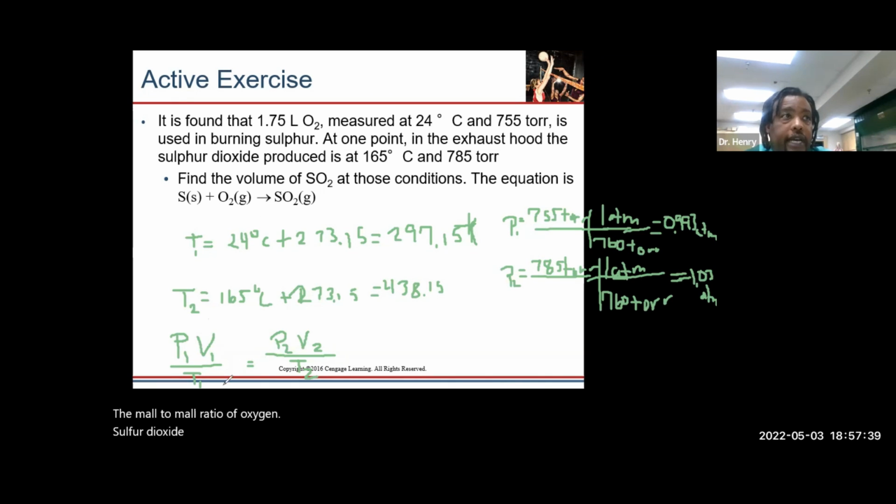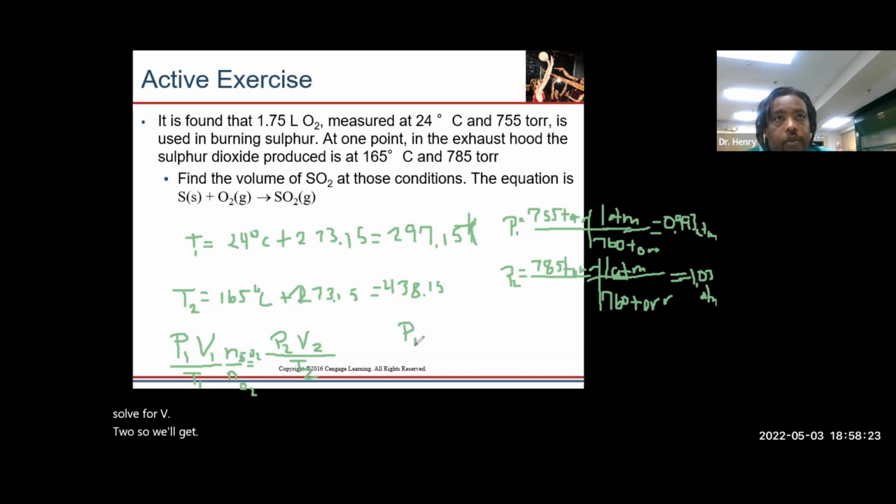It just so happens that this would give us the number of moles of oxygen. And then I'm going to put N O2 at the bottom over N SO2. So you would need that ratio. It just so happens it's 1-to-1 in this case, right? So then we just solve for V2.